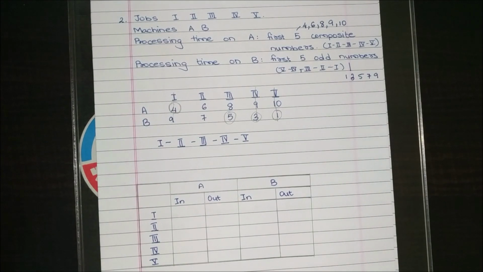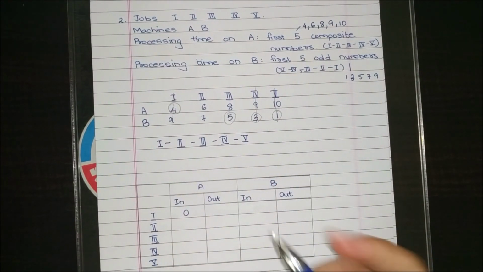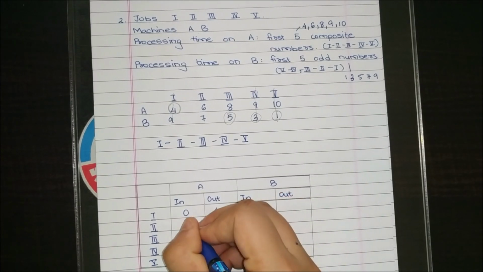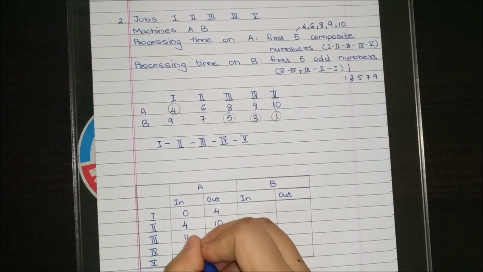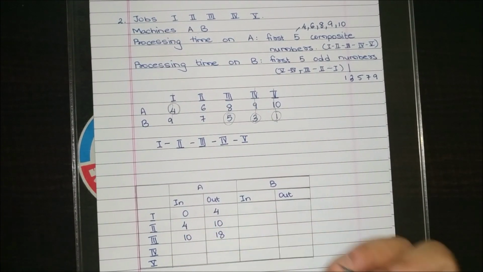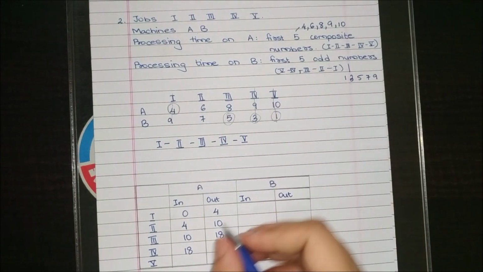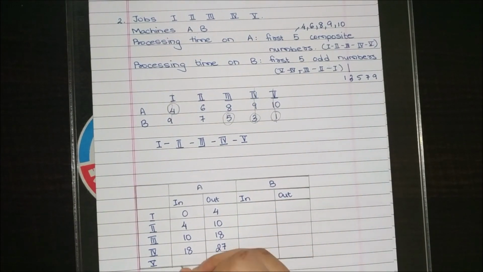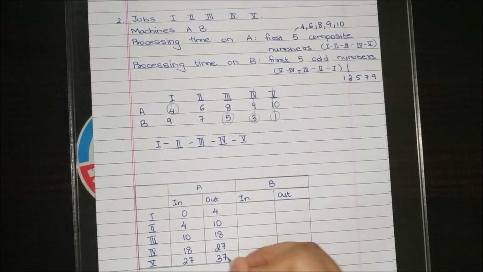In time will be 0 over here. We have to just write in this order only, right? So this is 4, then 4 comes here, 6 to 10, 3 gives 10 plus 8, 18, 18, the 4th job takes 9, which is 27, 27 and finally 10, which is 37.